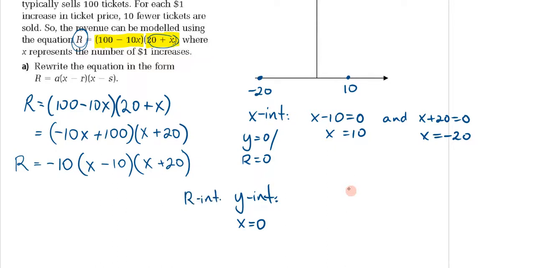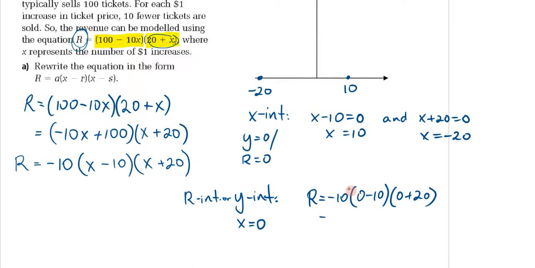Okay, and so you take the equation, r equals negative 10, substitute 0 for x, so 0 minus 10 in the first bracket and 0 plus 20 in the other bracket.